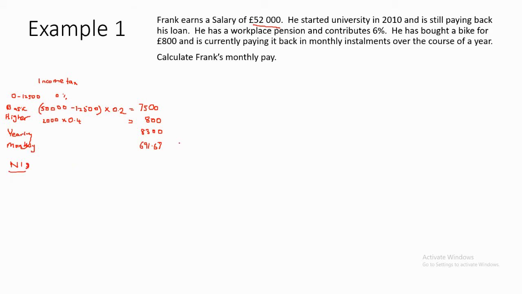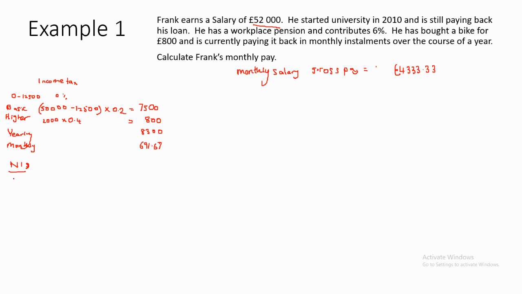NI. Okay, national insurance you work out from your monthly salary. So first of all, we're going to have to work out monthly salary, or gross pay, is equal to 52,000 divided by 12. £4,333.33.